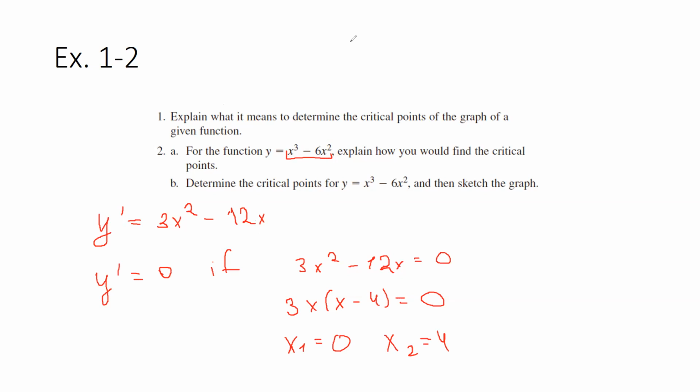It would be 3x squared minus 12x equals 0. Don't hurry. Just the equation of the derivative. You said it right, but don't set it equal to 0 just yet. Once you got the equation of the derivative, you have to look whether it could be equal to 0 or it could be undefined, right?